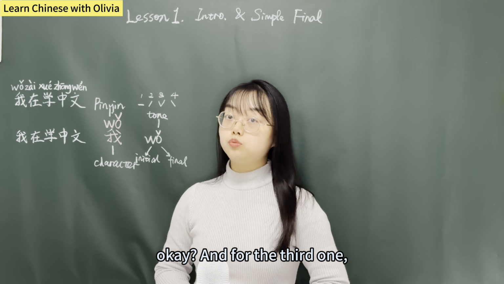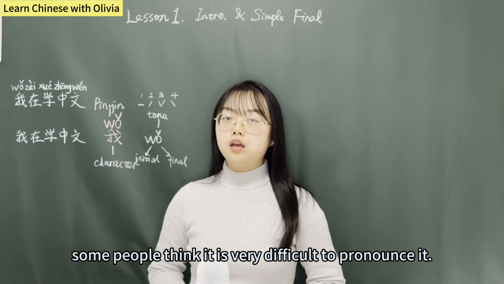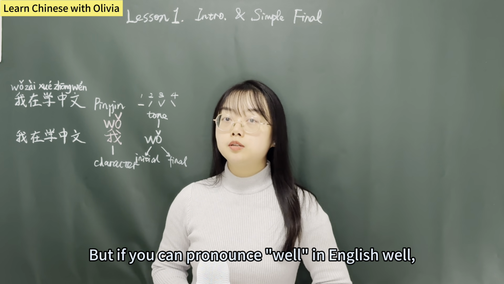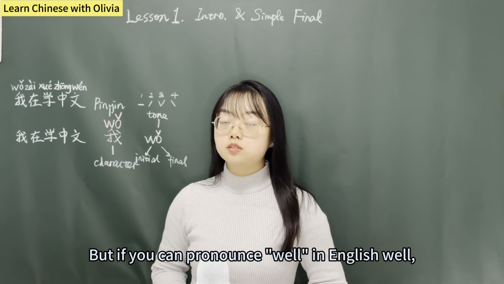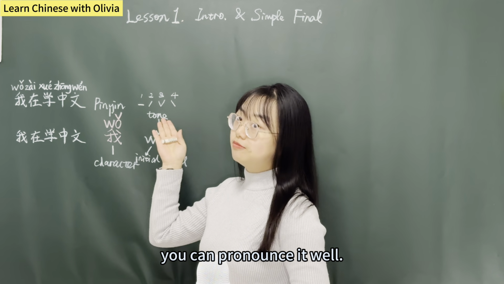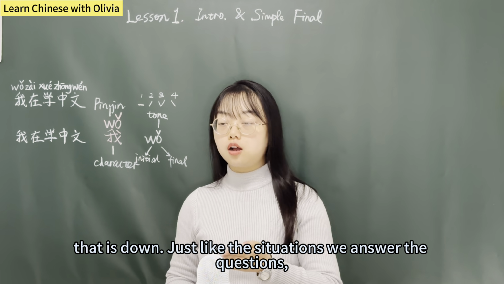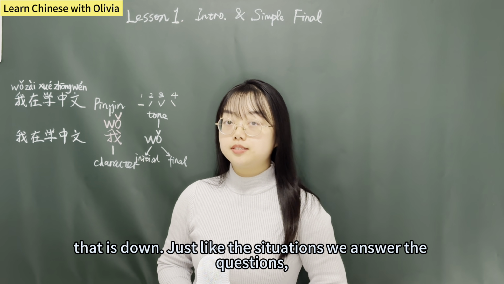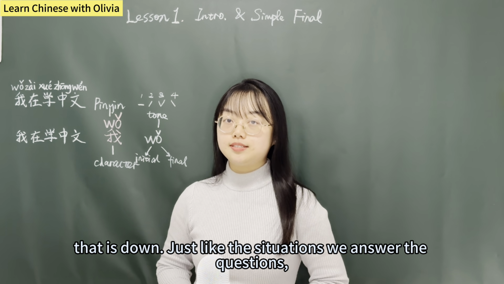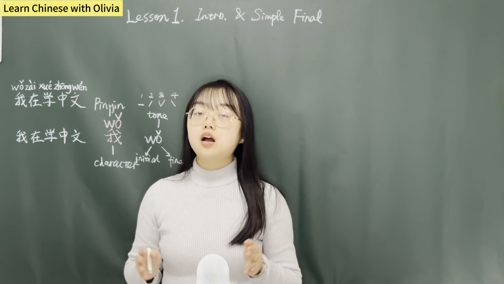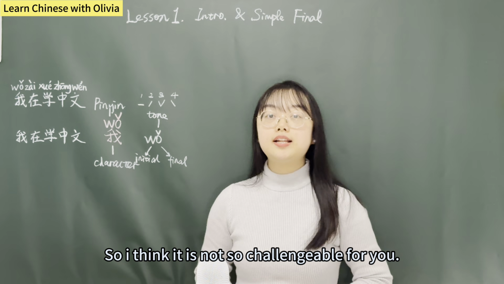And for the third one, some people think it is very difficult to pronounce it. But if you can pronounce well in English, you can pronounce it well. And for the last one, that is down. Just like the situations, we answer the questions. Yes, fine. So I think it is not so challenging for you.